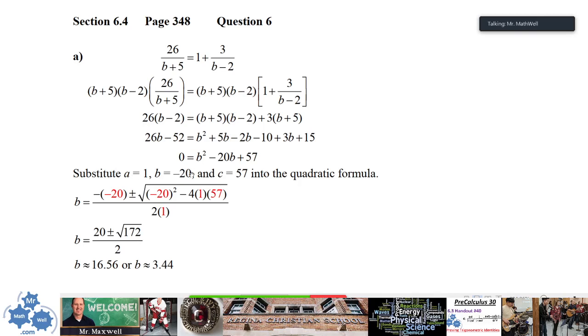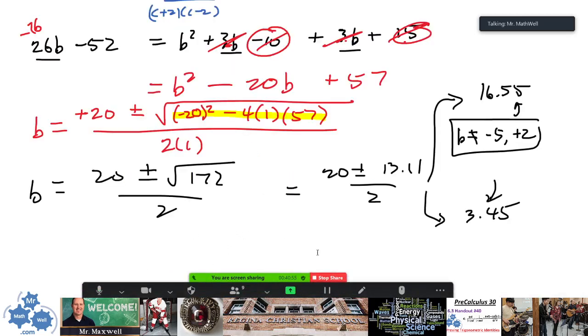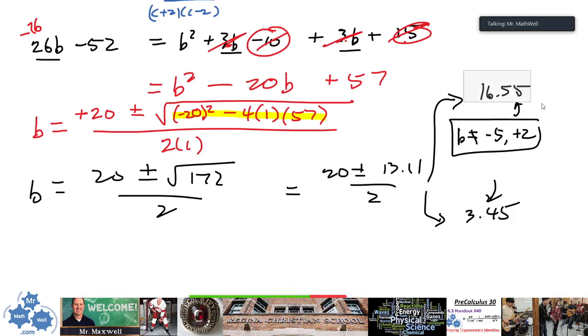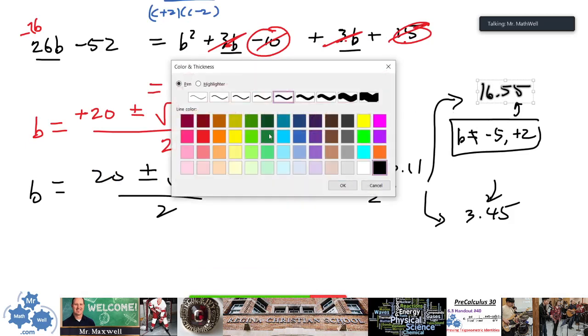And of course, they did quadratic formula as well, and it looks like 16.56 or so and 3.44 are the answers, and that would check out then. You can confidently say, now we've rounded a little bit differently, so that's fine.